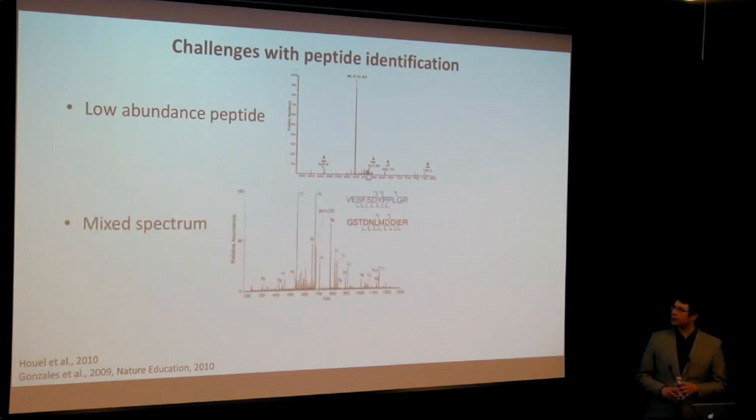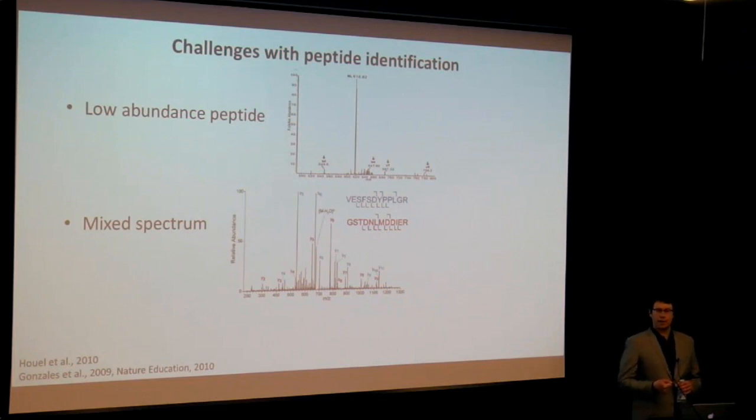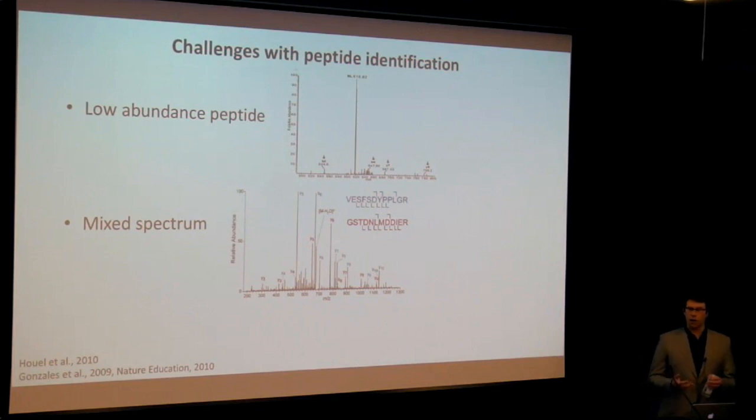Another issue, probably the second most common, is the fact that we always assume that we are analyzing one peptide at a time, but we might be, at certain times during the mass spectrometry analysis, analyzing two different peptides at the same time. And so the data that you acquire is not for one peptide, but actually two peptides.